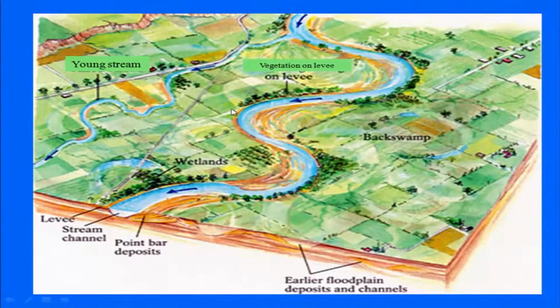So it will keep on eroding and the channel will move in this direction, as well as the deposition will continue. So it started here and it has reached up to this point. This point bar has slowly evolved because of the deposition and the erosion process which is taking place here.